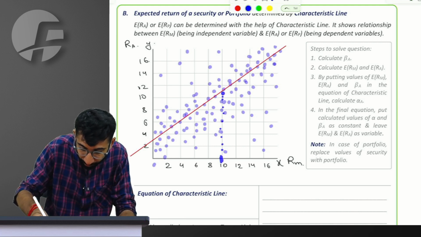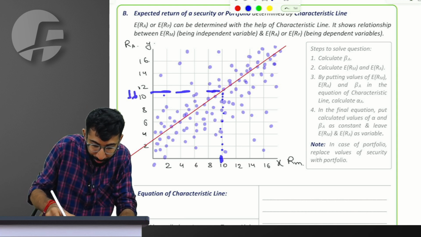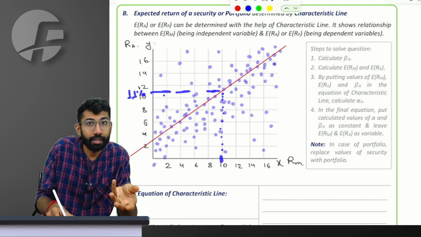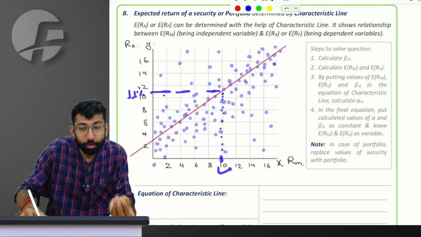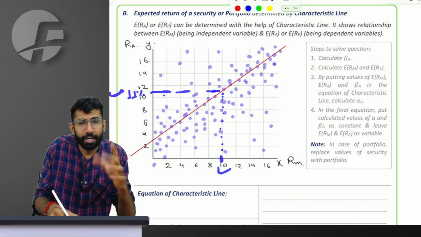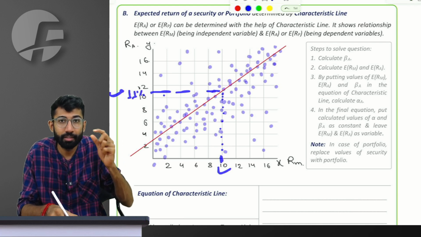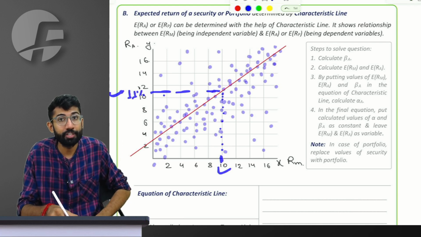For example, this line is at the point of 11% return. So if the market is going to give you 10% return, then the security will be giving you 11% return. And do you agree this is nothing but the data of your past observation? This is the conclusion based on the past data and observation.